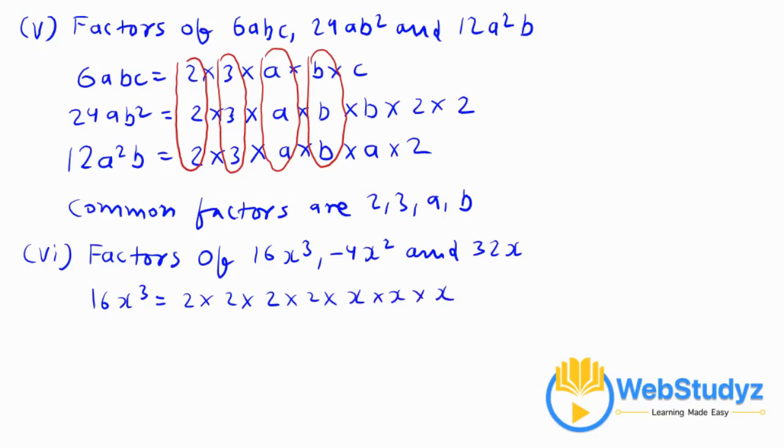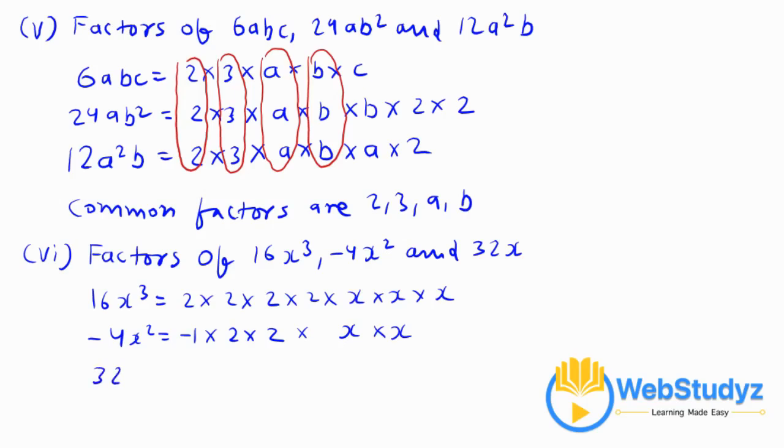Similarly, factors of minus 4x square will be minus 1 into 2 into 2 into x into x.